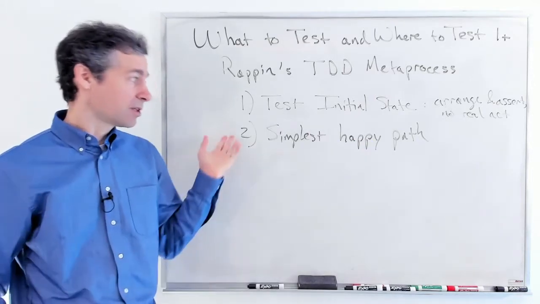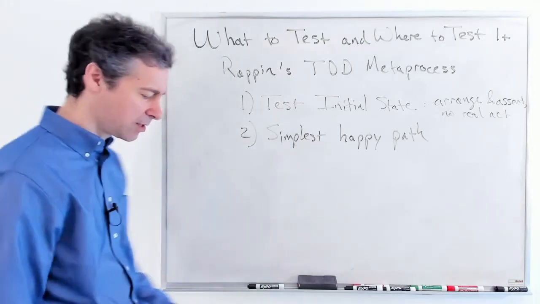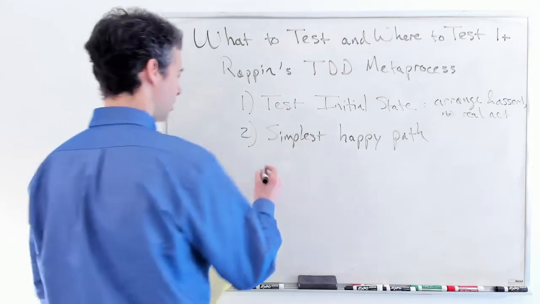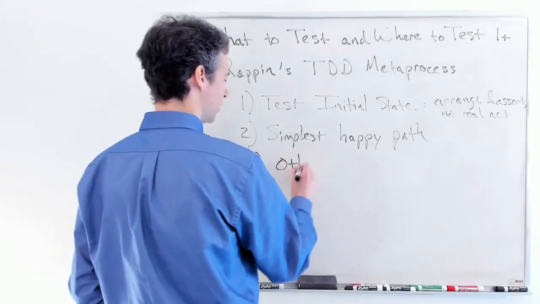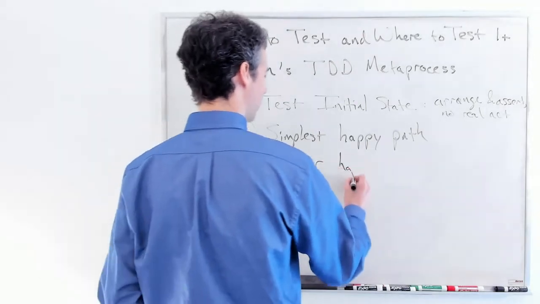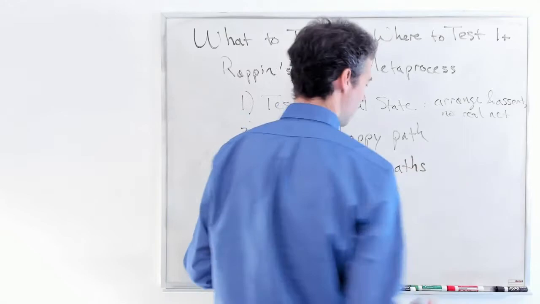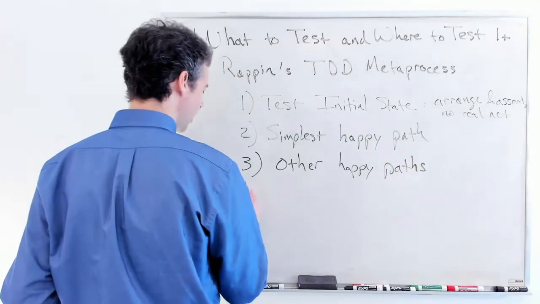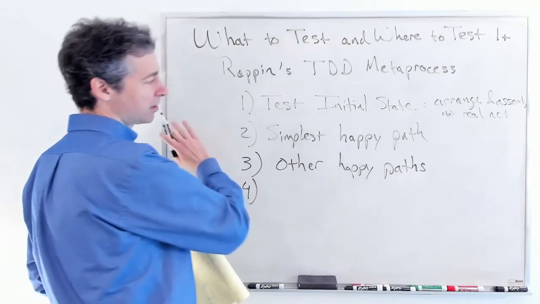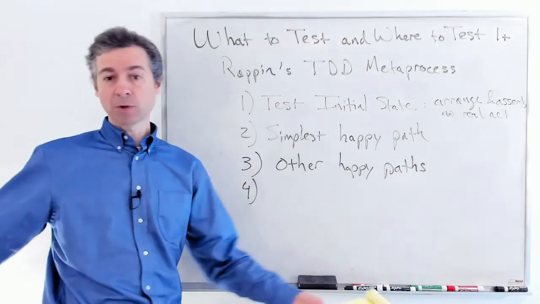But he starts there, because if that doesn't work, why would any of the more complex things actually work? Then he goes and moves on to, all right, I'm going to go through all the other happy paths that I can think about now. All right, so he writes tests for those. Great. Then he's basically, we've got the initial state, we've done all these happy paths. It seems to be working pretty good.